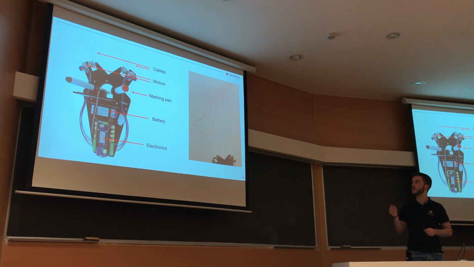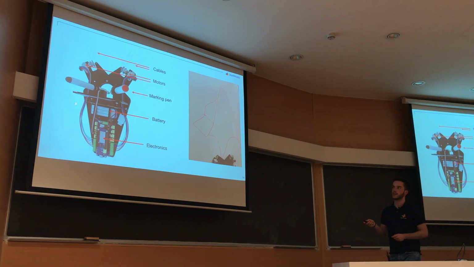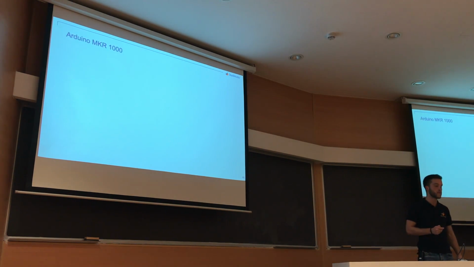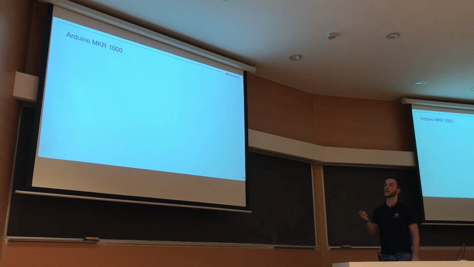Because of course, as we will see, we need to perform some segments, detach the pen, go to another position and restart the drawing. So we need this actuation, and this is done with the servo. This is the battery, of course, and this is the electronics. You can see in the electronics part that there are mainly 2 components. The principal one is the Arduino MKR 1000.